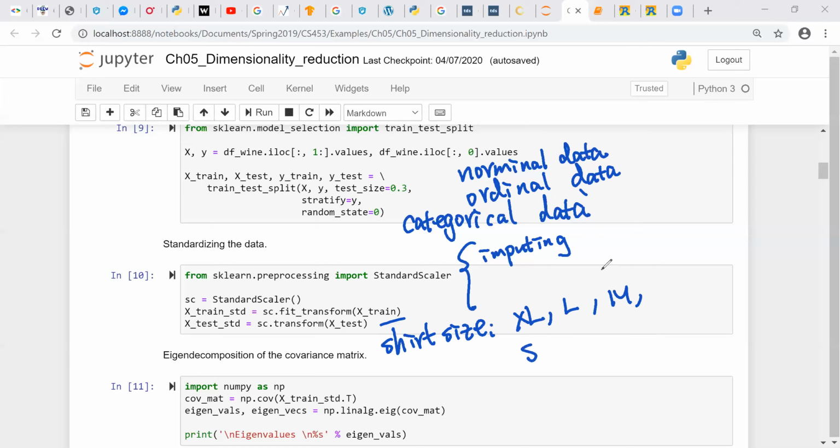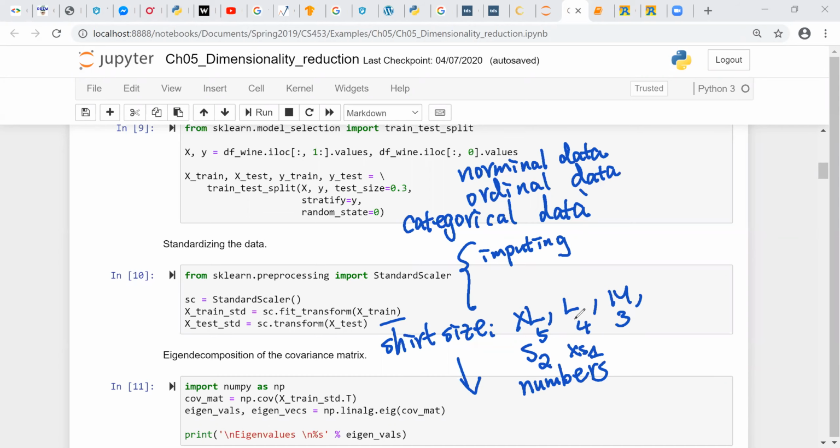For this kind of categorical data, you can just convert them into numbers directly, like 5, 4, 3, 2, 1, because they inherently have a sorting order. This is what we call ordinal data.